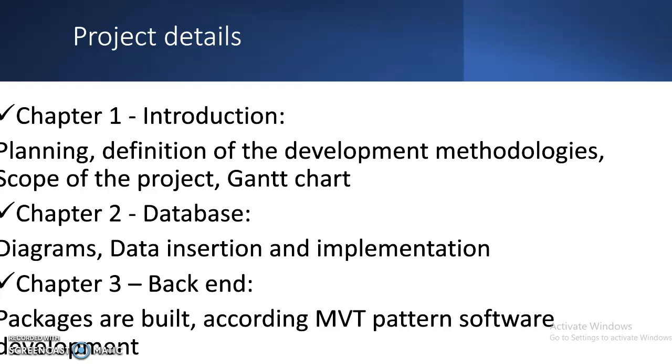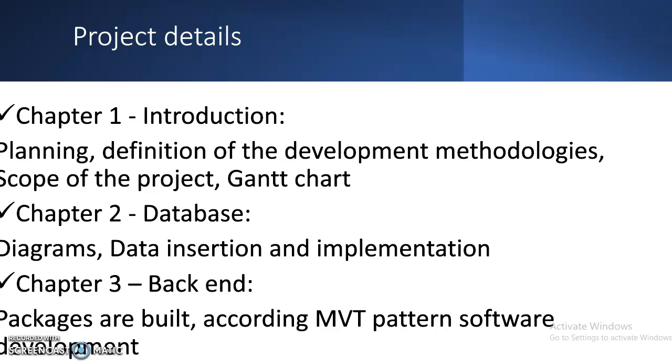Also, I have the scope of the project and the Gantt chart done. But actually, I'm going to change the Gantt chart, because I planned one thing, and while I'm coding and doing the project, I saw that I will need to change a little bit. But yes, this part is done.